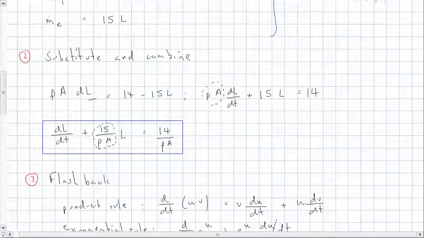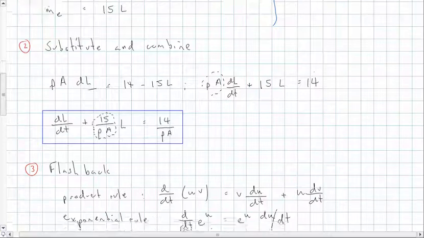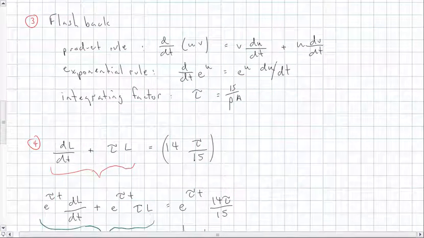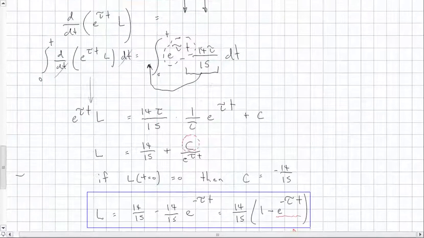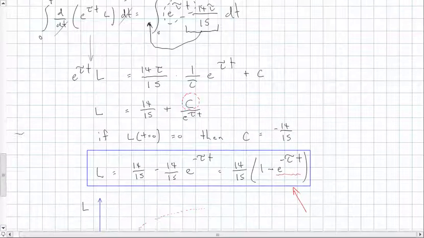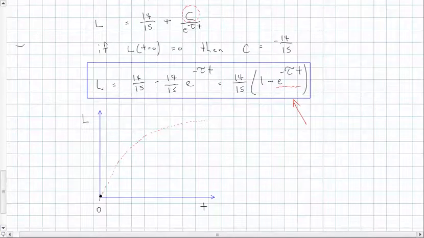The second step is to substitute, combine, and simplify. Remember to pull into the problem solution methods ideas you've learned from previous classes, mathematics in particular. Once you have it in a reduced format, apply those mathematical techniques, solve for L, and think about it physically to see if it truly makes sense.